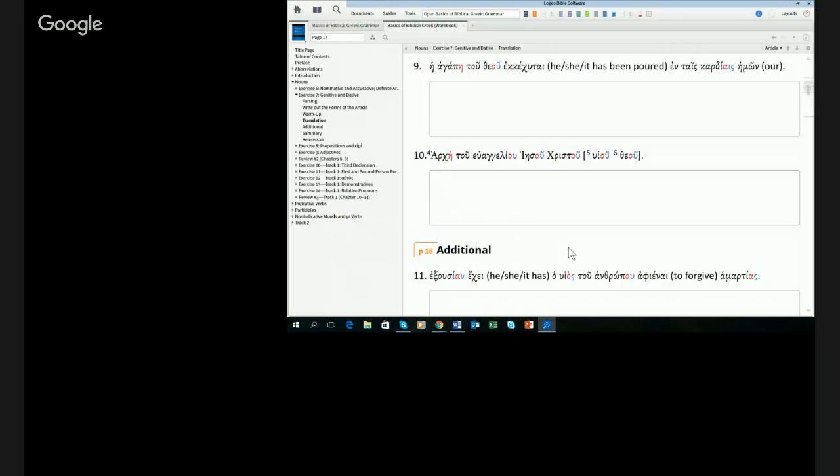The square brackets: most editions of the New Testament will use square brackets to indicate uncertainty about whether words are original. So if we were to unpack heu theou and dig a little bit deeper, we would find that there are three important early manuscripts that leave them out of the heading of Mark's Gospel. This is the opening salvo of Mark's Gospel. They're present in most manuscripts, but there are a few important early manuscripts that leave them out.